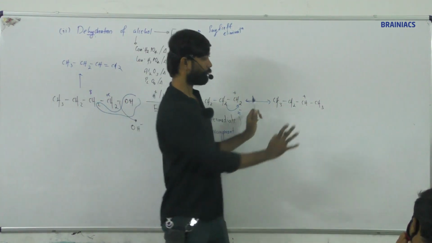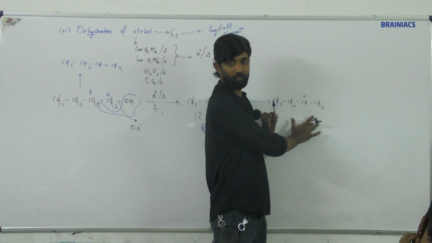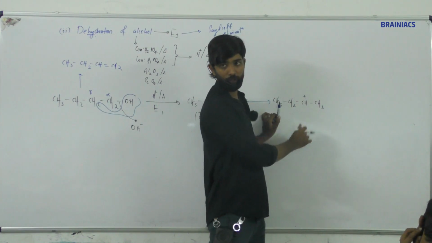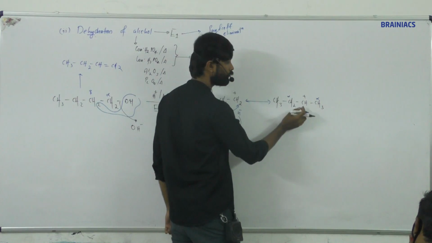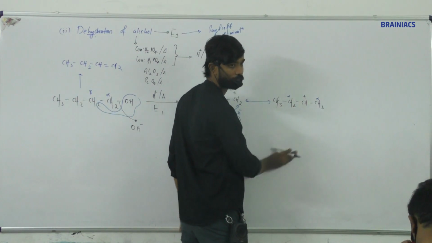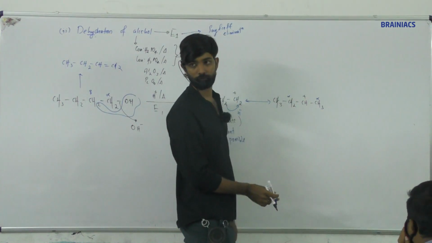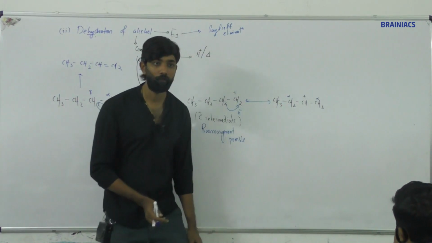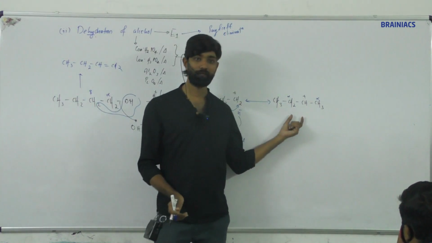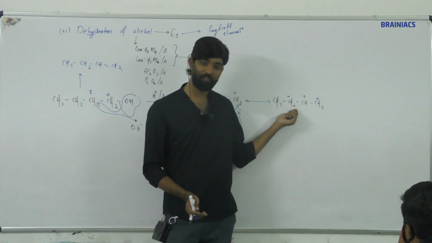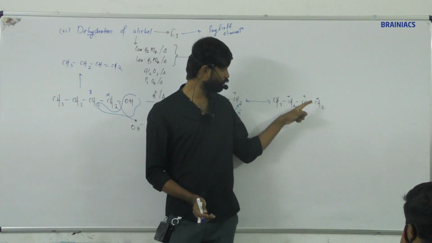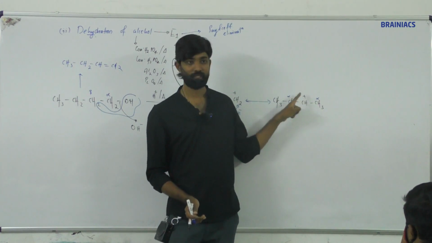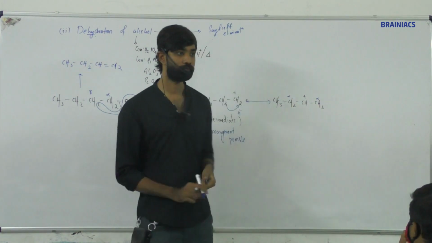Once you obtain the rearranged carbocation, you simply leave H plus from the alpha carbon of the carbocation, the carbon nearest to the positively charged carbon, and make a bond.